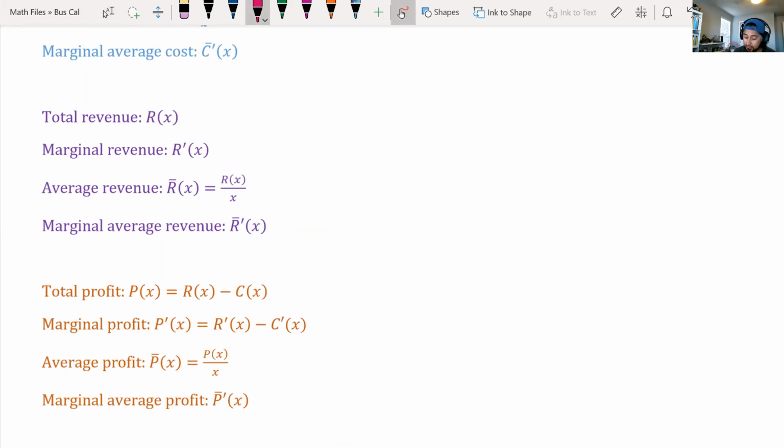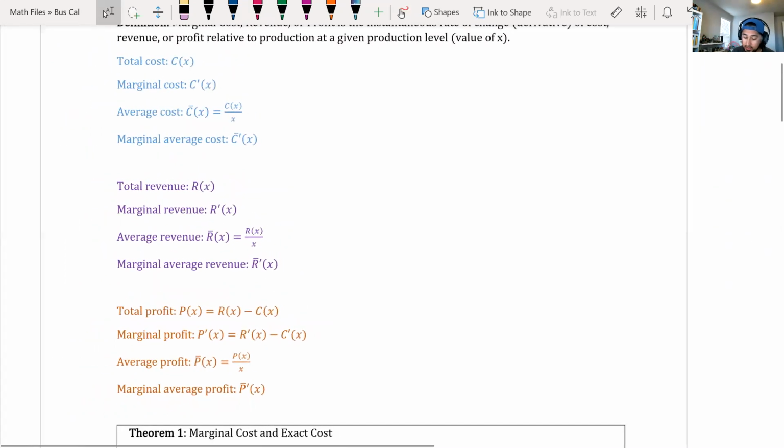And then profit is given by revenue minus cost. We've seen that before. Marginal profit is just the derivative of the profit function. And then average profit, P bar of x is P of x over x, and marginal average profit, P bar prime of x. So those are all the notations and the terms, or definitions, that go with them.